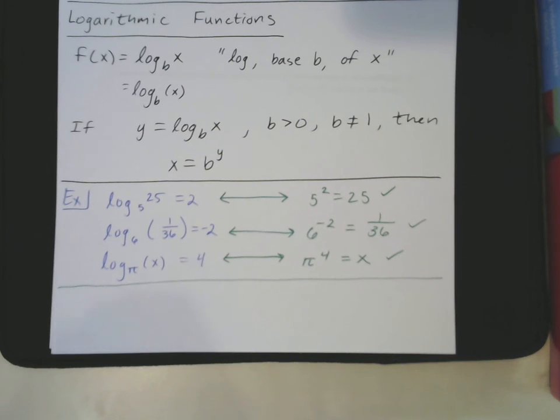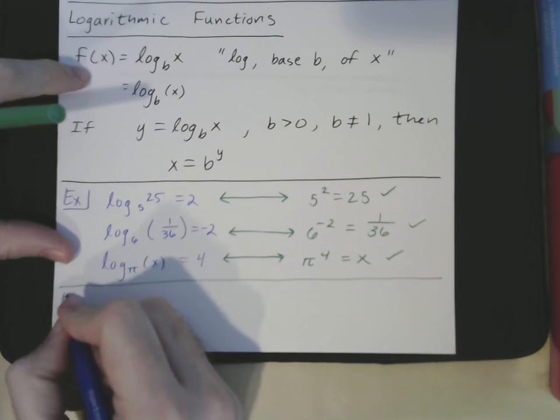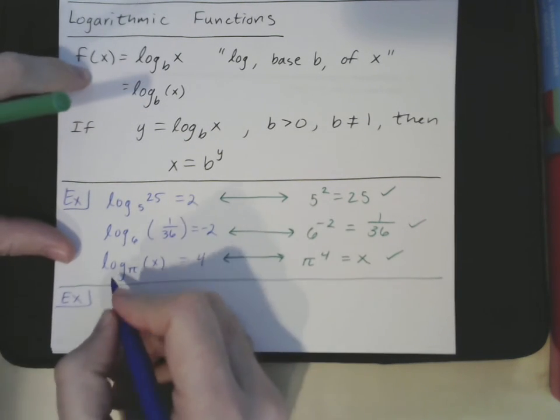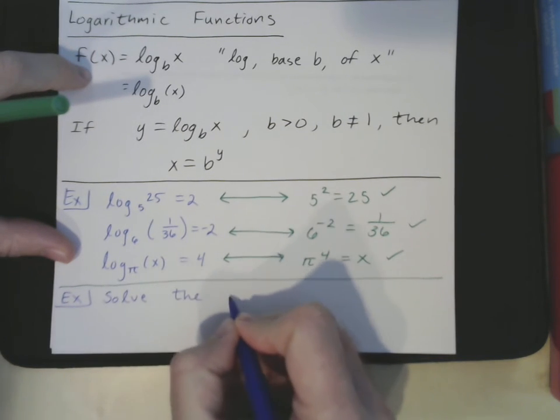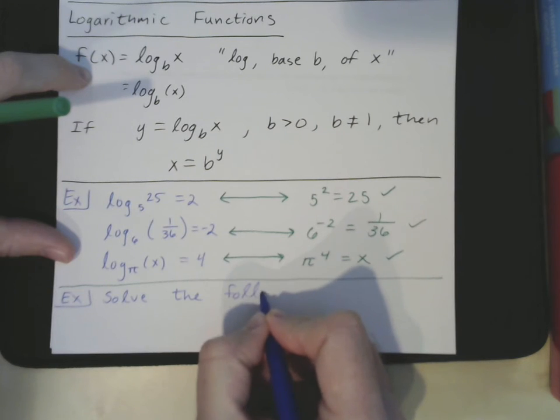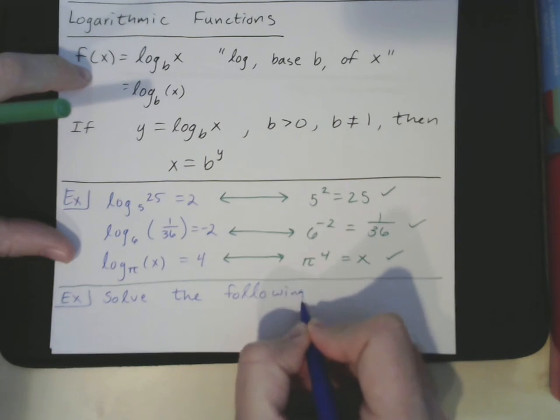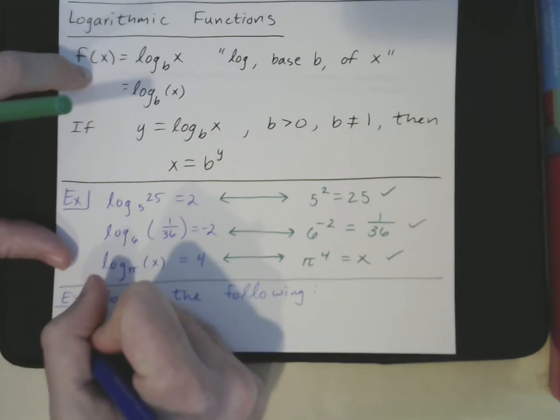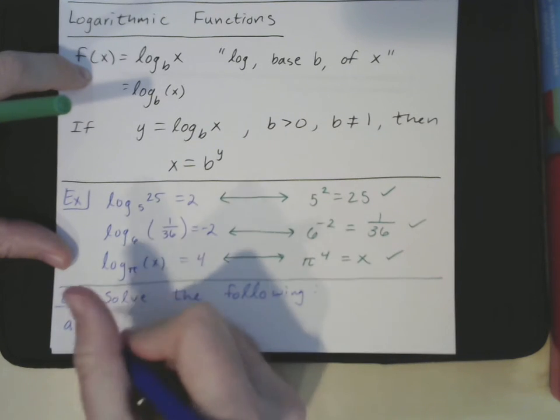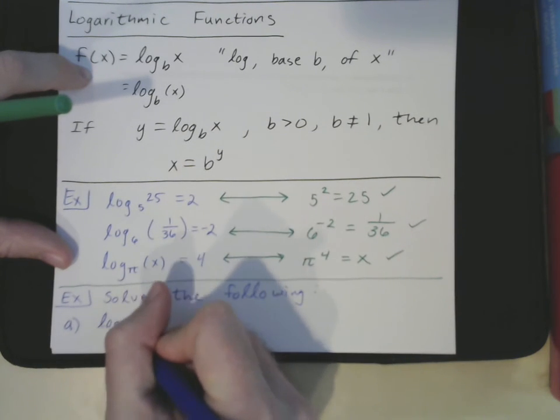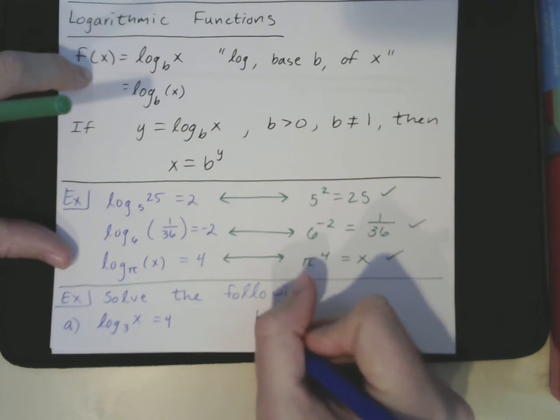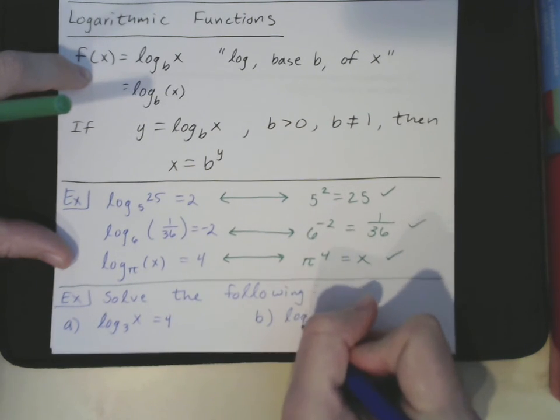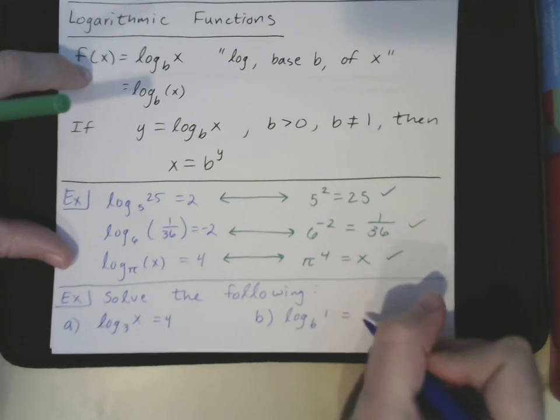So let's look at two examples of those. So we are going to solve the following. So in part A, we have log base 3 of x equals 4. And in part B, we'll have log base b of 1 equals x.